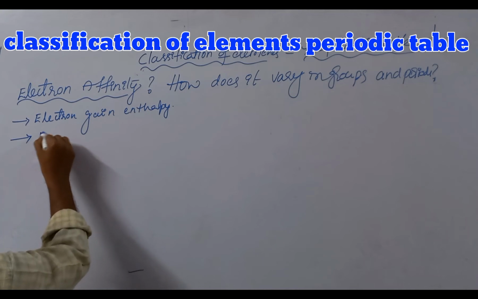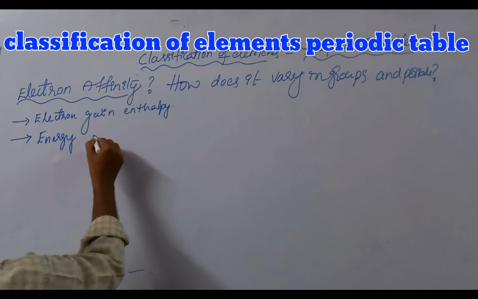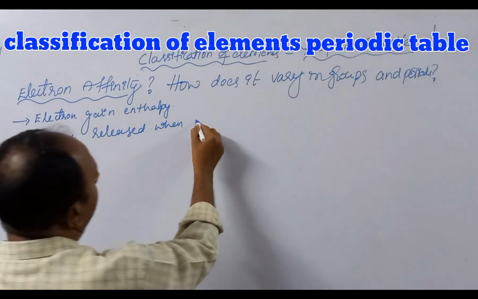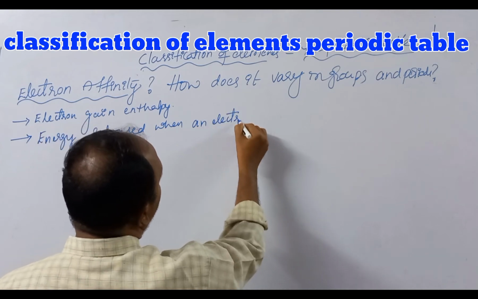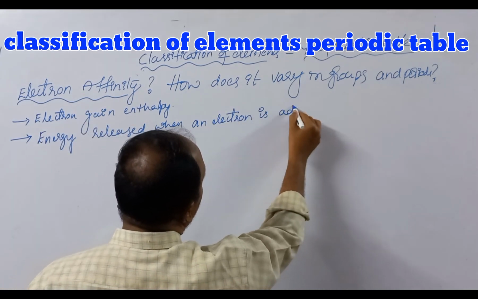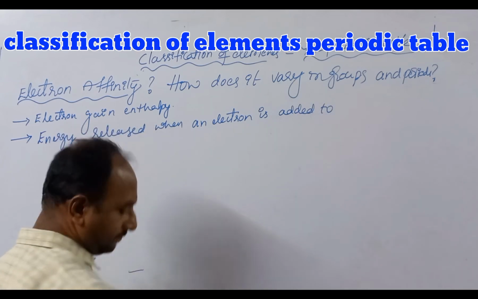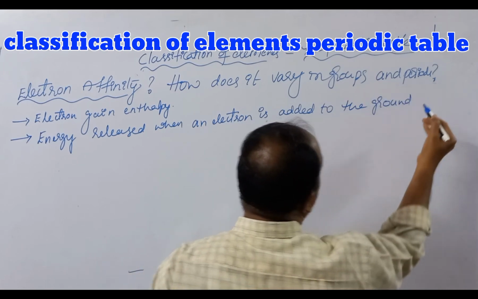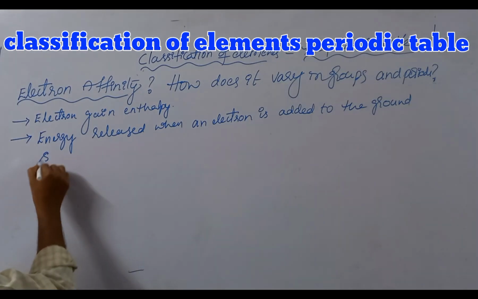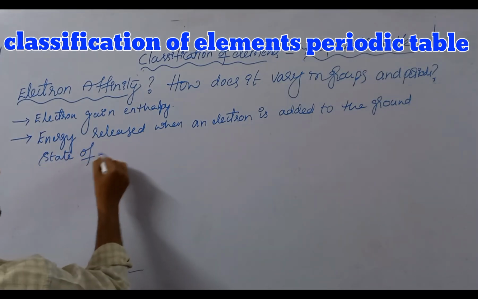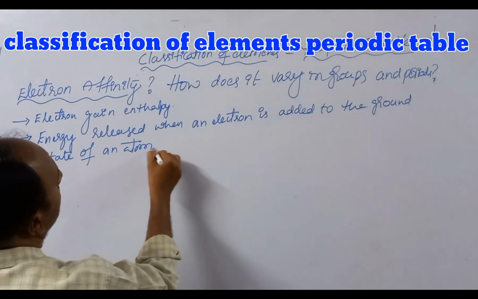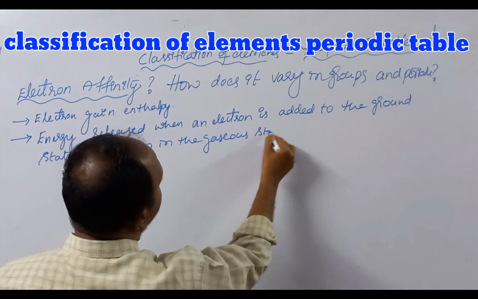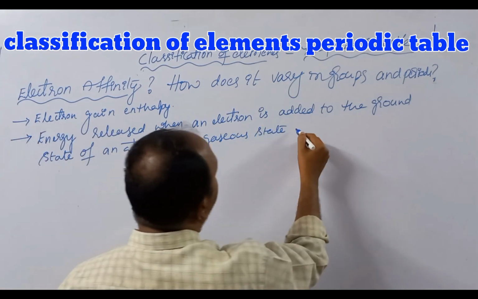So, energy released when an electron is added to the ground state of an atom in the gaseous state is called electron affinity.